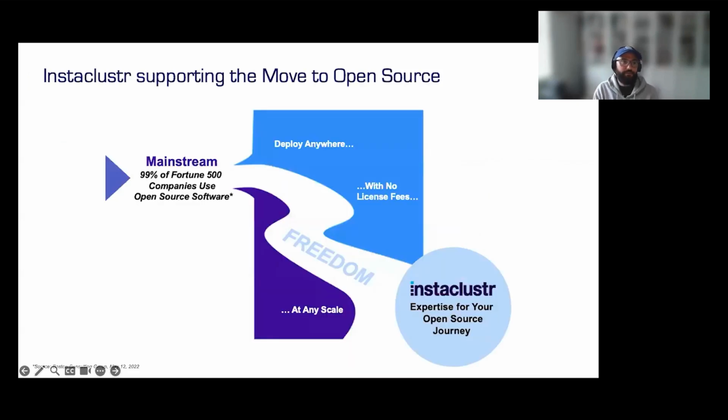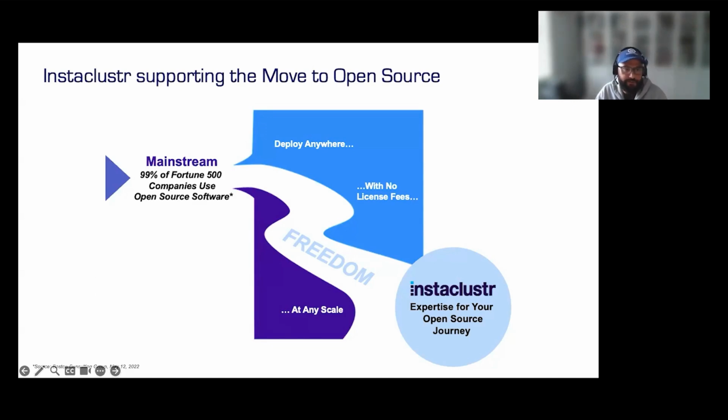So this is what we do at InstaCluster. InstaCluster has been supporting the move to open source. We said that open source plays an important role, I would say even the most important one, because we don't have any other option than using open source, and we're really helping our customers either start their journey or get their existing ones going.